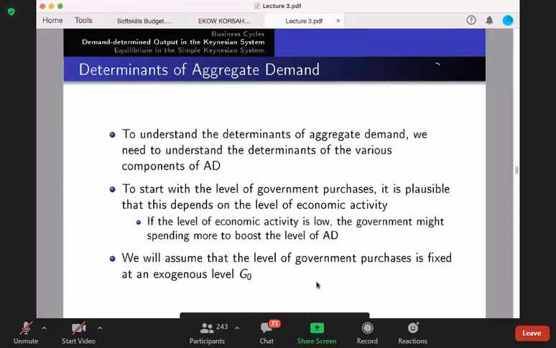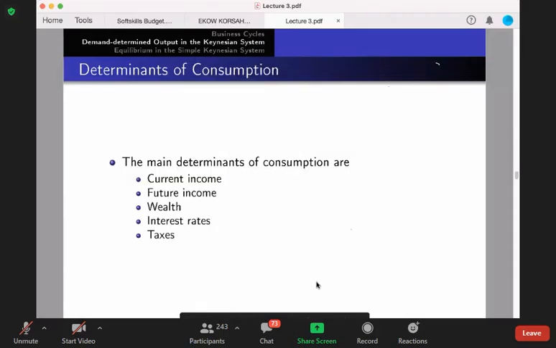So now let's speak on each of the components of aggregate demand. Let's speak on consumption. What are the factors that determine consumption? The desired consumption of any household or individual will depend on, one, the income he has, his immediate income.